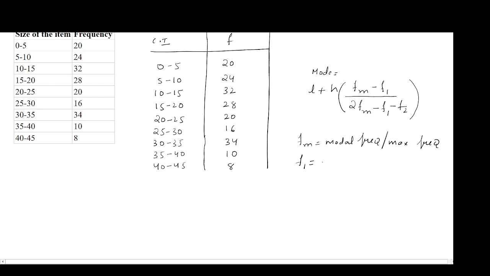M stands for modal frequency or maximum frequency. F1 is equal to frequency of the class preceding the modal class.